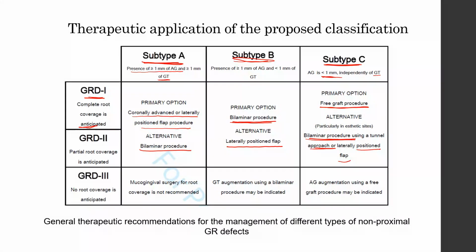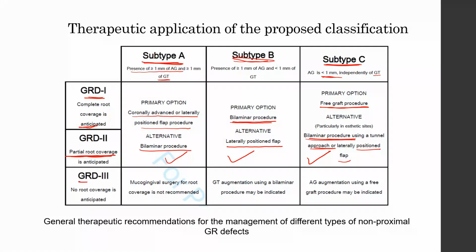In GRD2, they have said partial root coverage is anticipated, okay, and with different combinations of the biotype, we have the same options as that of GRD1.